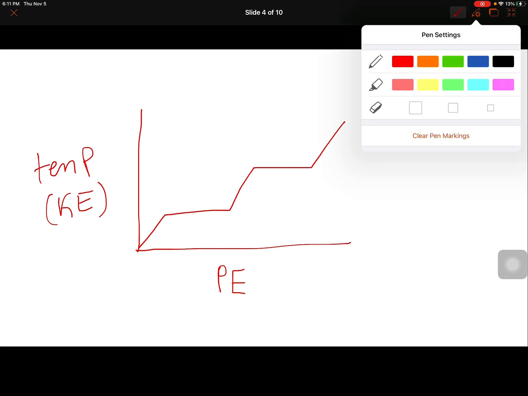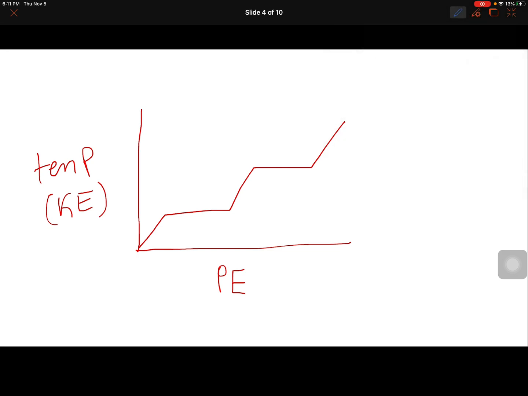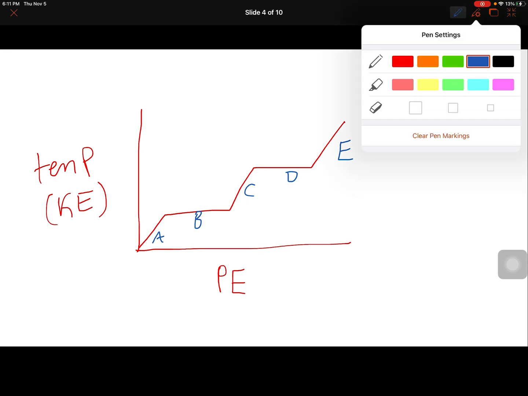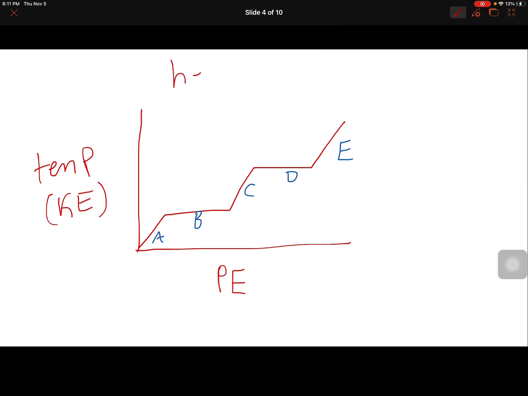And we're going to label our areas A, B, C, D, and E. Now what's happening in these areas? Good question. By the way, I just want you to label this diagram as the heating curve.